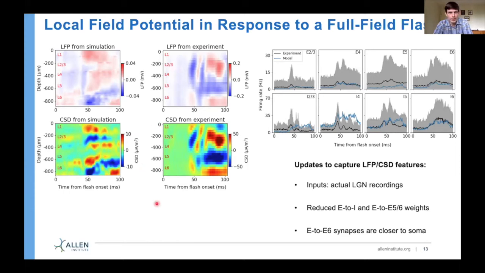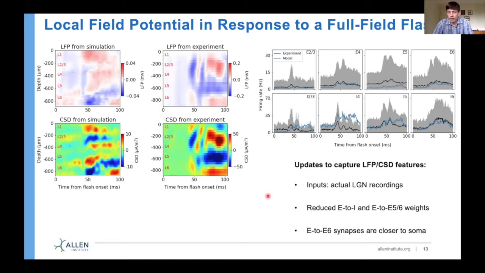So we do exactly the type of things that are done experimentally from those same Neuropixels recordings, computing the electric fields. And then we can compare, again, apples to apples, local field potential or CSD from experiment with those from the simulations. At the same time, we can look at the firing rates in different populations and different layers. Again, an experiment in the model.